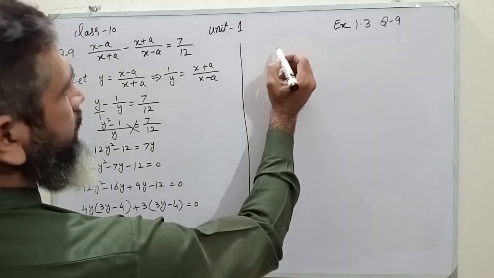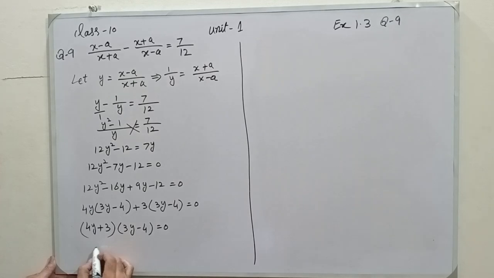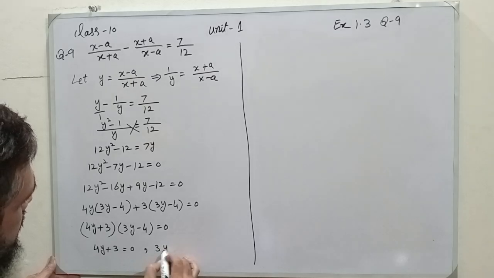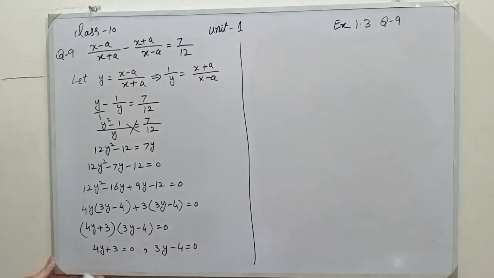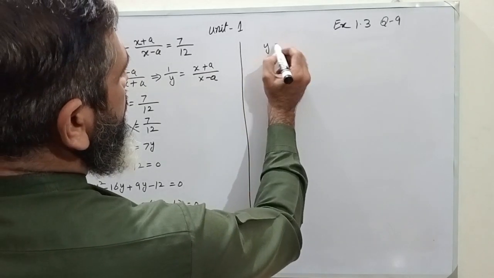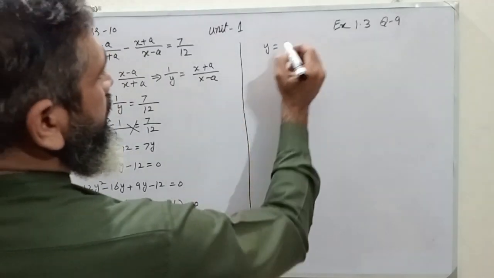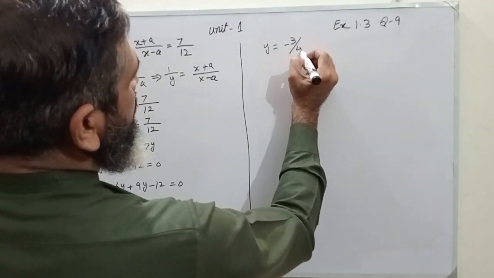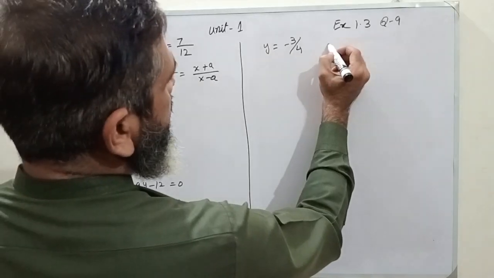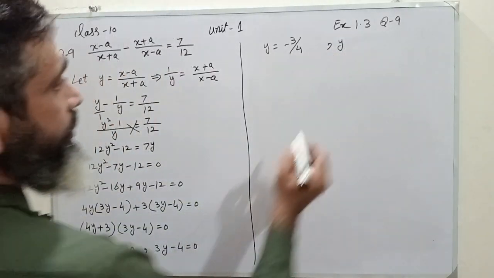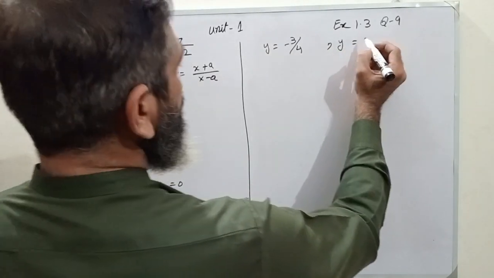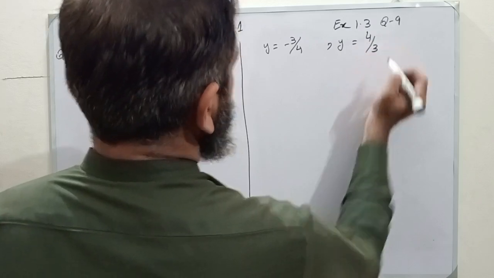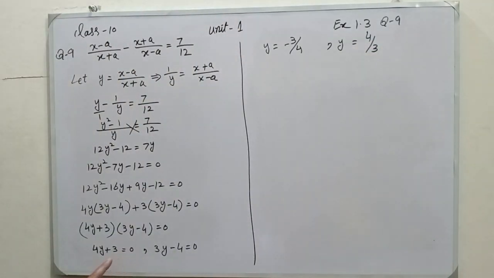So here 4y plus 3 is equal to 0 and 3y minus 4 is equal to 0. So here y is equal to minus 3 over 4 and here y is equal to 4 over 3, minus 3 over 4 and 4 over 3.